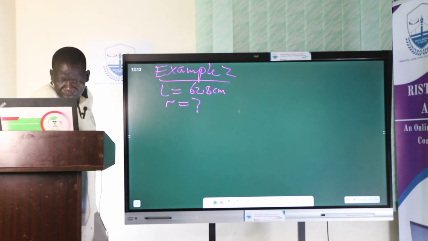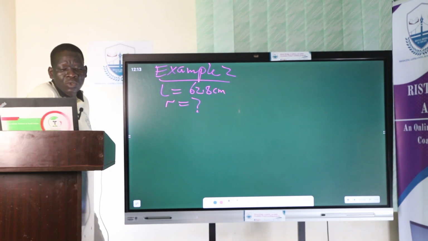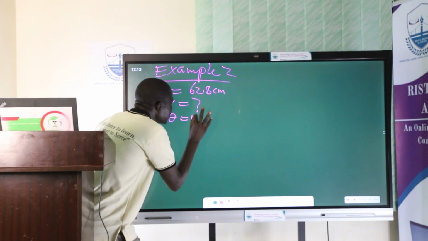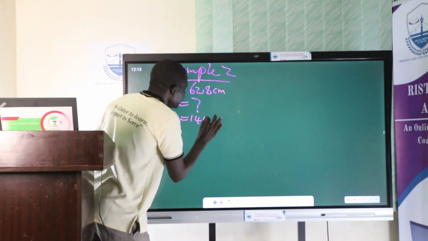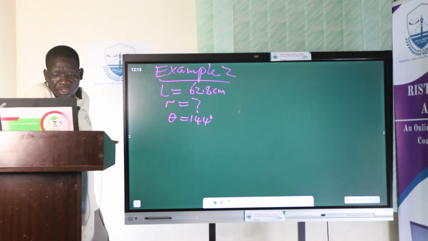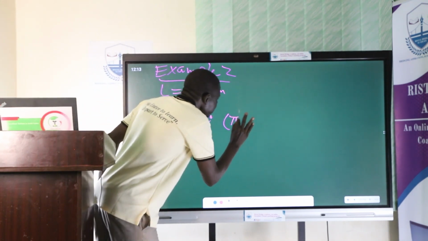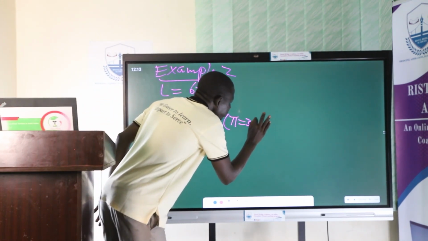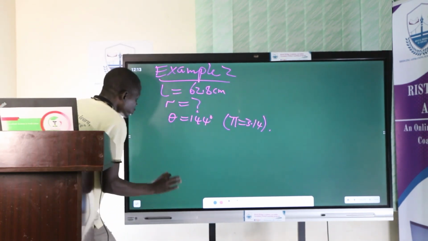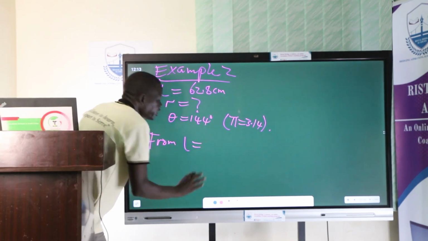so our angle theta is 144 degrees. Take pi as 3.14. Right. So here the formula is the same. We know that the length of an arc is given by theta out of 360 times 2 pi r.